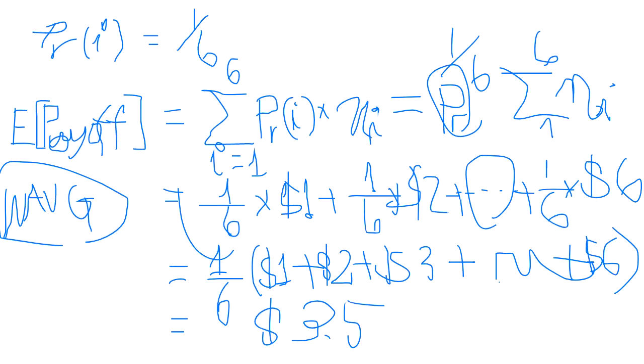There are 3 pairs of 7, 7 times 3 is 21, and 21 divided by 6 gives you 3.5. So this is exactly a simple average, but this is the expected payoff.